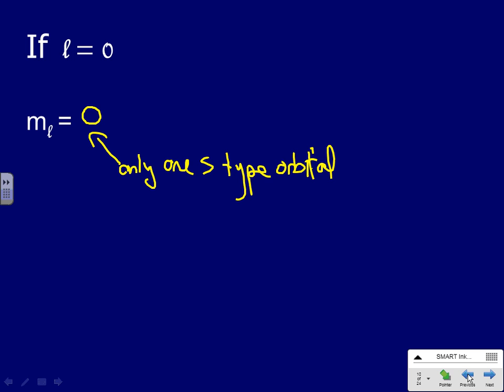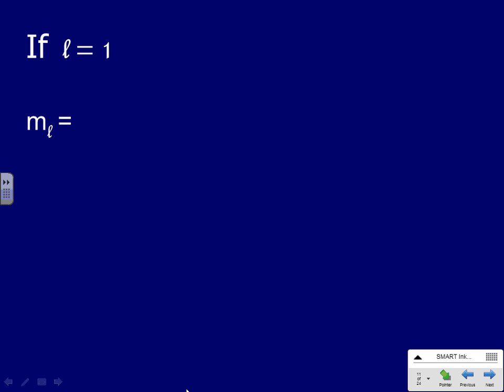In this S row, there's only one type. Now, as we move from one level to another, we get this alternating color. These are called nodes. We are not going to worry about that. All I want you to worry about is the shape. They're all spherical, and there's only one. If L equals 1, now we're talking about p-type orbitals.